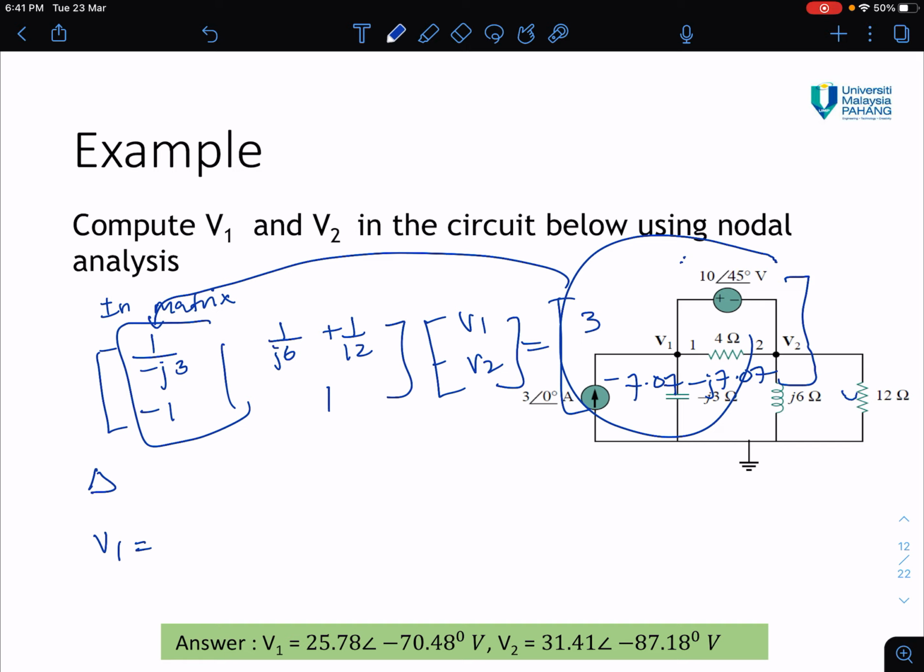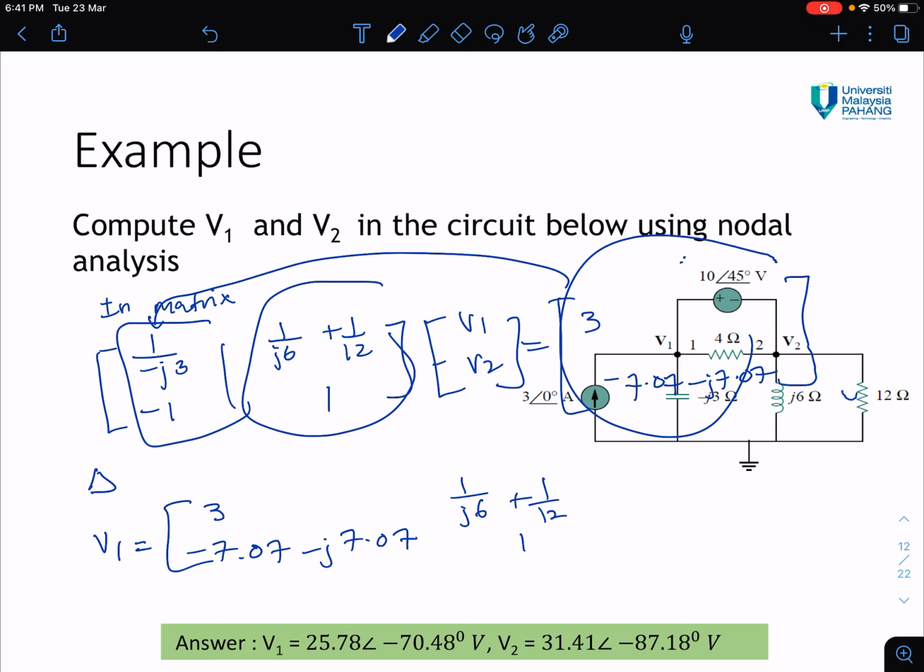So it becomes 3, minus 7.07 minus j7.07, and then maintain this part, 1 over j6 plus 1 over 12, and 1, and then we need to divide everything by the determinant. You need to work out how to find the value of the determinant, and how to find the value of V1.